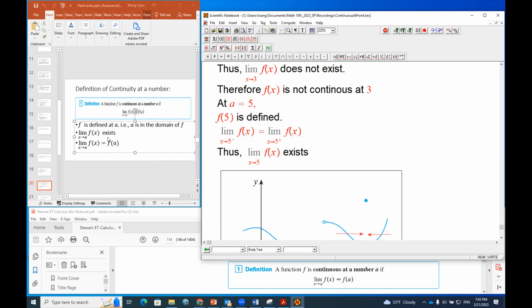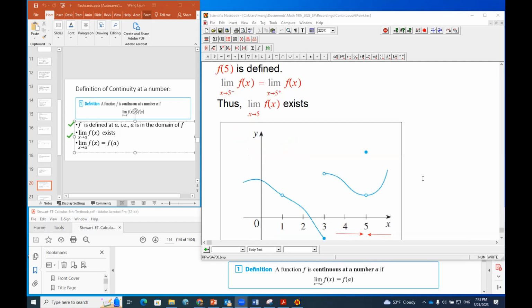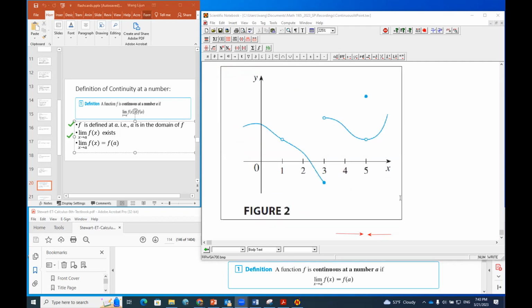Okay? So if we look at the conditions checked, it's defined, limit exists, but the third one is not satisfied. Therefore, it is discontinuous at 5.